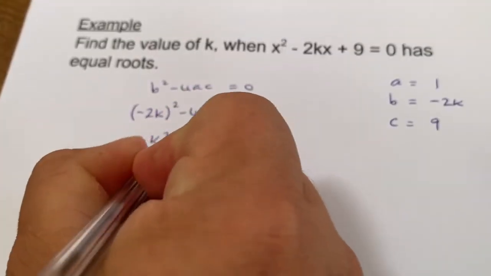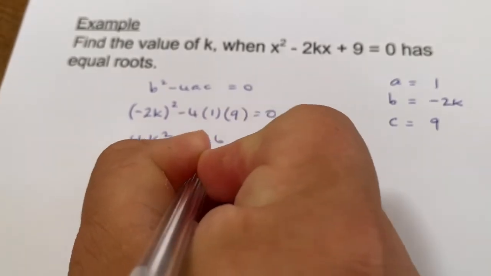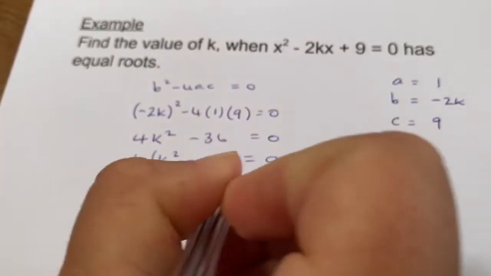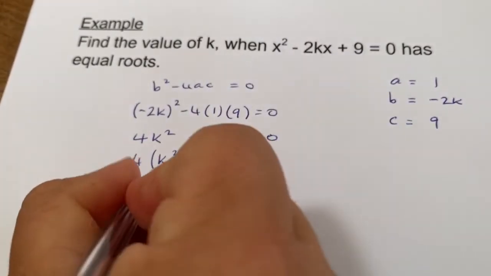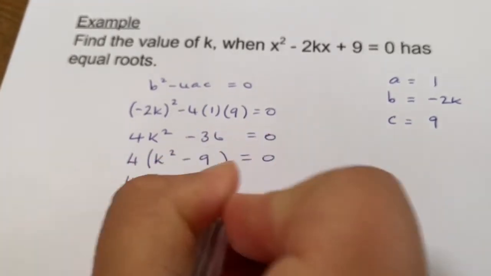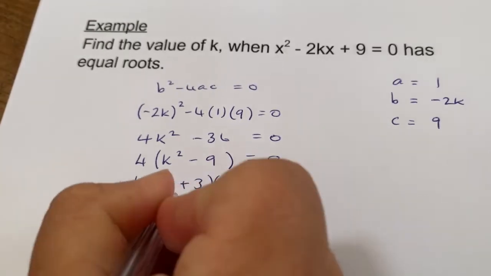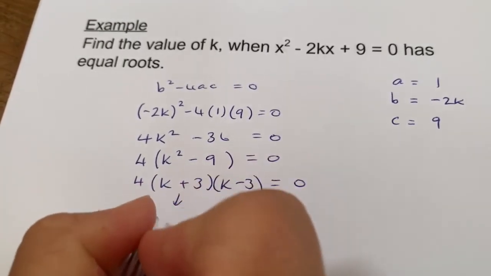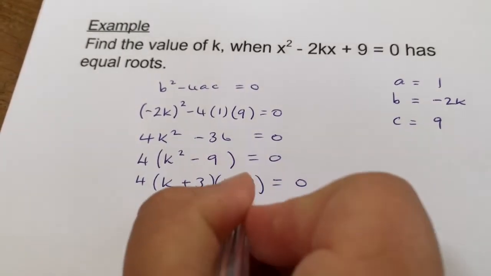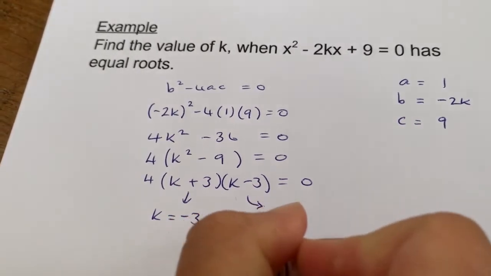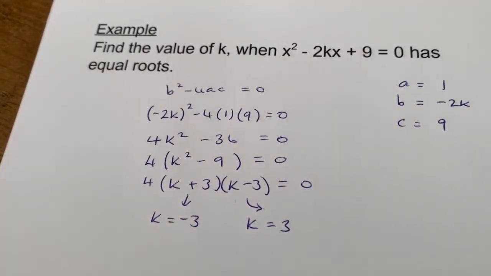So 4, that leaves me with k squared minus 9 equals 0. And then I'm going to factorise that by difference of squares, so get plus 3, minus 3, and then each bracket equals 0, so k equals minus 3 for that one, and k equals positive 3 for that one. Okay?